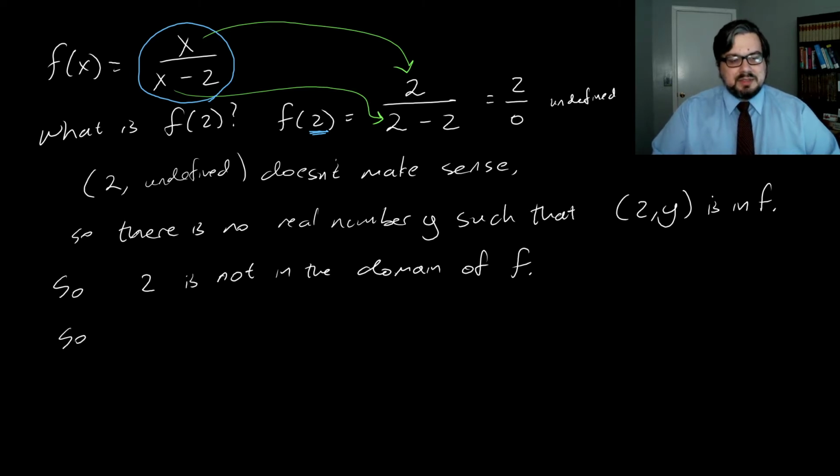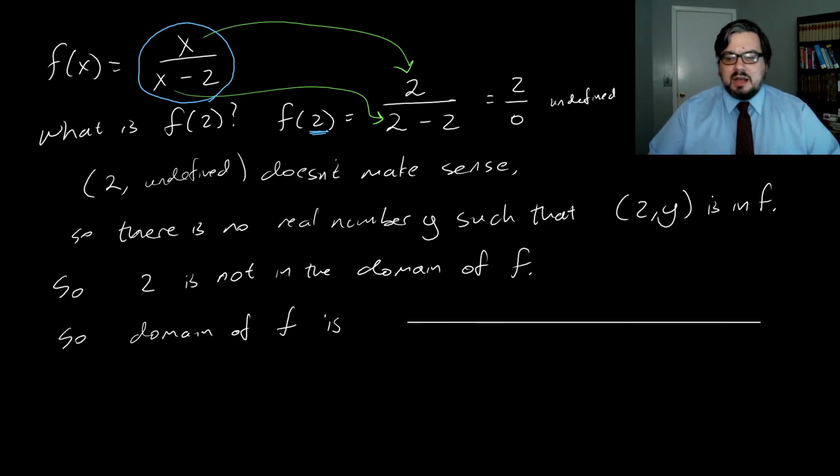So that means that the domain of f is, now there are a few ways that we can write this down. One way is using a number line, similarly to how we did for inequalities.